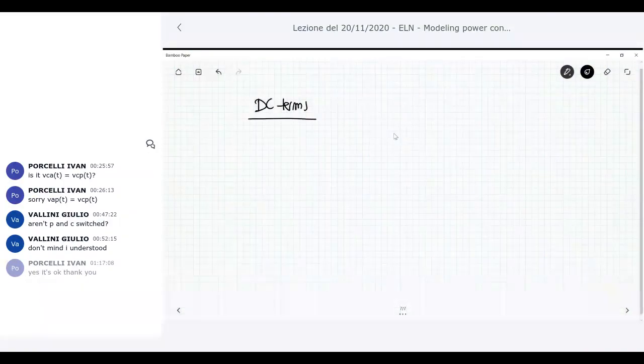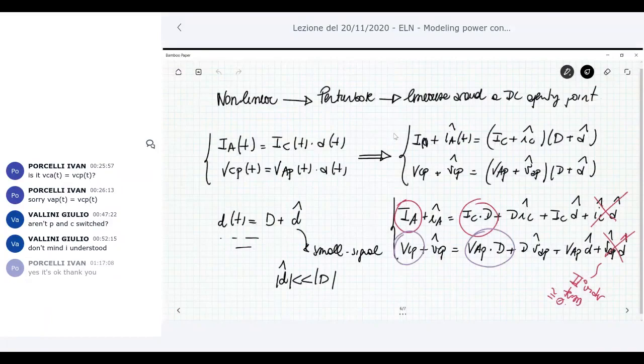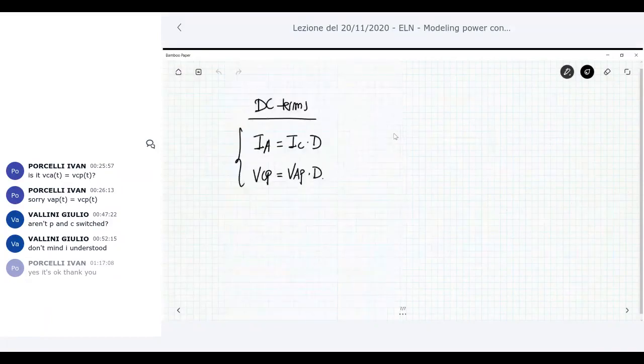The DC terms are IA equal to IC multiplying D, and VCP equal to VAP multiplying D. This just comes out from the DC quantities. Again, I can represent this in a circuit way. This is another transformer.